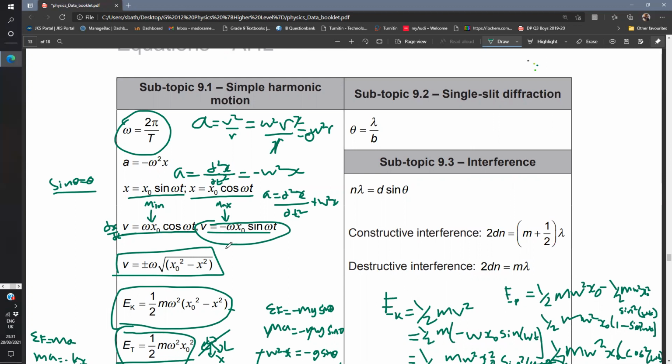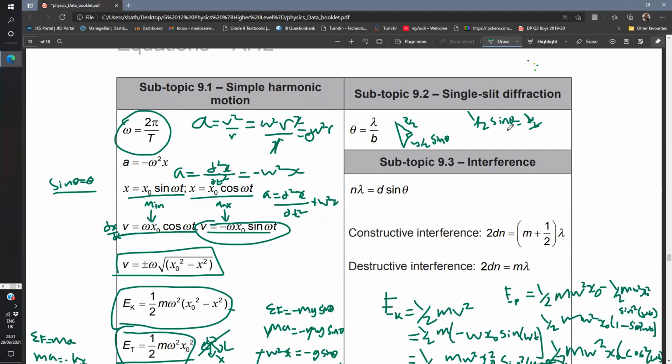And now I'm just going to be explaining this very quickly. So you have two slits. You have this angle. This is going to be a 90-degree triangle. Half sine theta is equal to lambda over 2.